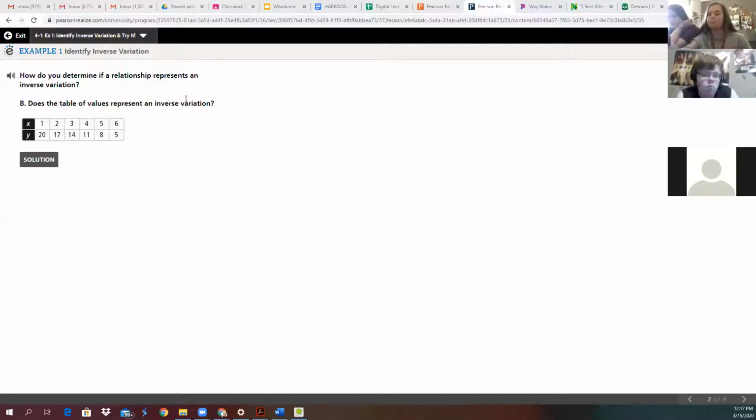Does this table represent an inverse variation? Well, what did we say? How were we going to check for that? What is our test? We're going to test it by multiplying the two variables together.